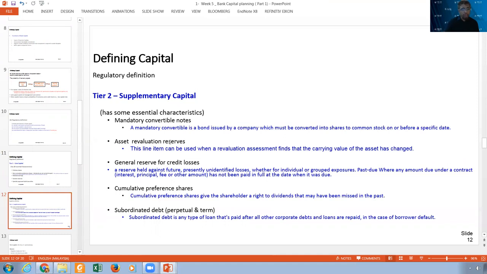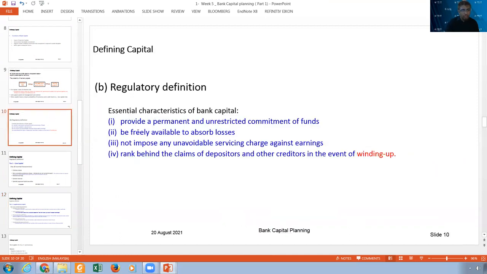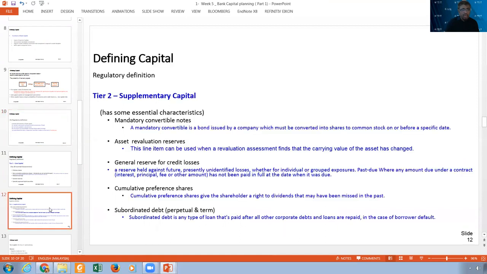Now you can see, while I'm talking, whether the quality, when I say quality, actually reflects those characteristics, which means whether I can use it, whether it's available to use. If you look at supplementary capital, which is tier 2, it's less. It has less accessibility. So we have the first one, the mandatory convertible notes.